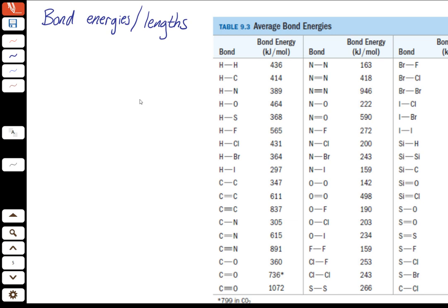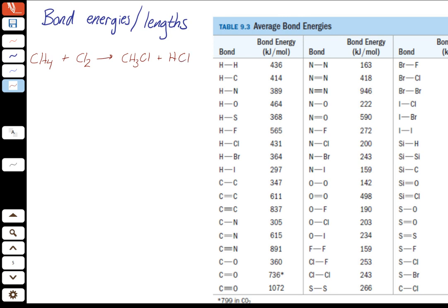So one thing we can do is look at a chemical reaction like CH4 plus Cl2 goes to CH3Cl plus HCl, and these are in the gas phases.